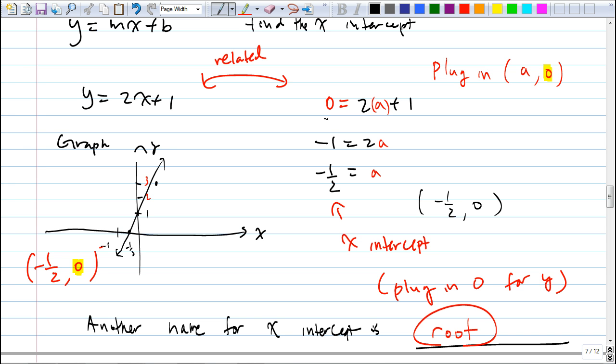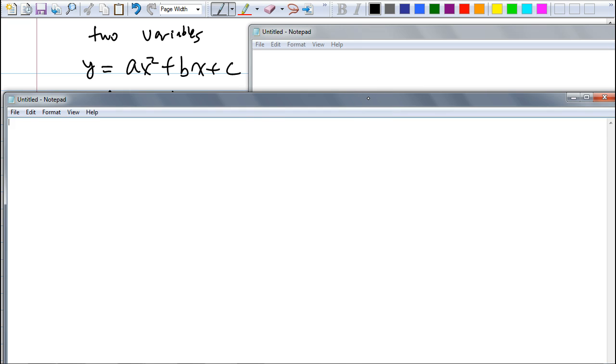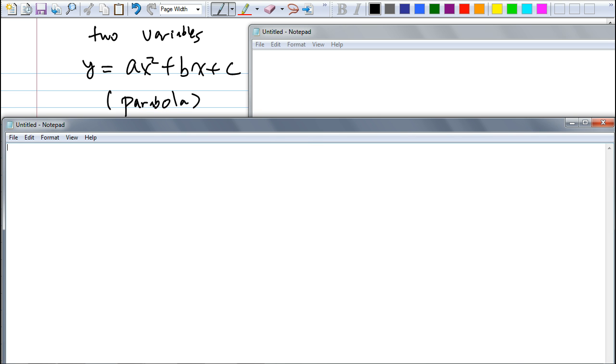All right, let's move on to the quadratic equations now. Of course, when we graph a quadratic equation, we get a parabola. So if I want to find the roots for this quadratic equation, what do we do? Same thing as for the linear equation. Now we have a different type of equation.